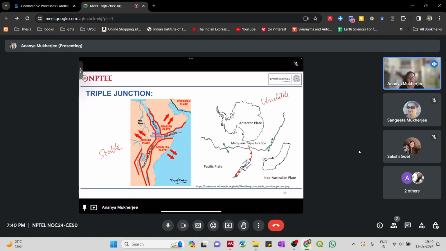Okay, where you have two divergent plate boundaries and one convergent plate boundary. Okay, you can see this is the overriding plate, and this is your subducting plate. You can see that because of the kind of movement that is there.